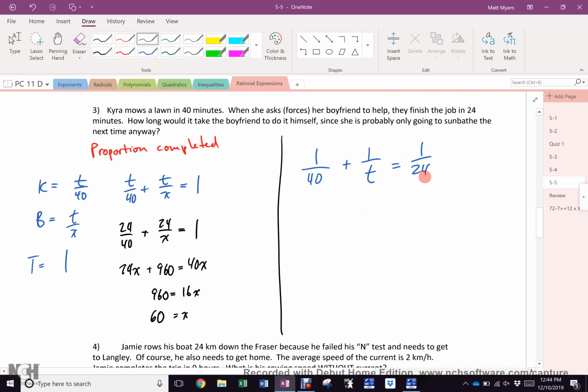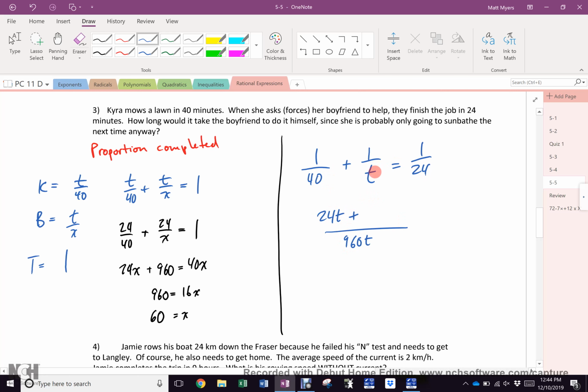What's the common denominator? 40T? 960t, right? So what does this need? The 24t, right? 24t plus what does this guy need? He's got the t.